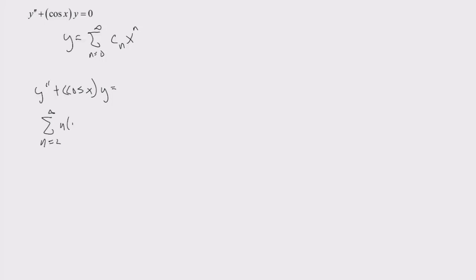So n times n minus 1, c sub n of x to the n minus 2. And then the Maclaurin conversion of cosine into a power series is going to look like this.